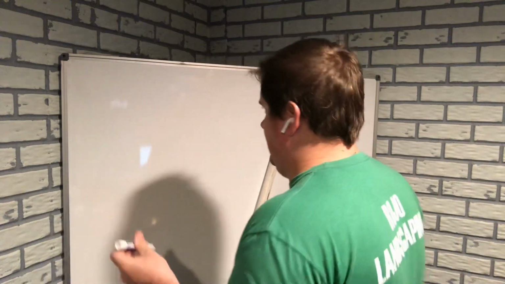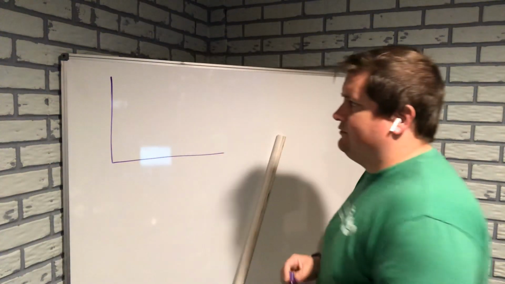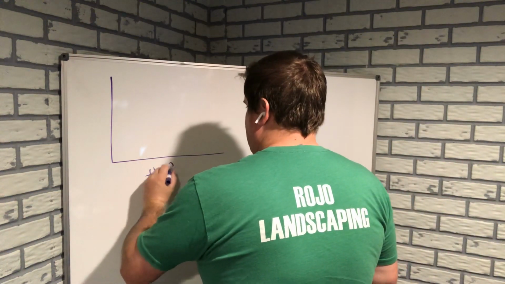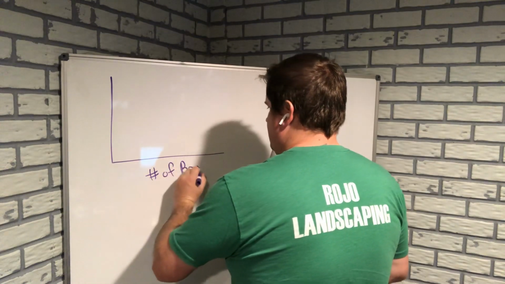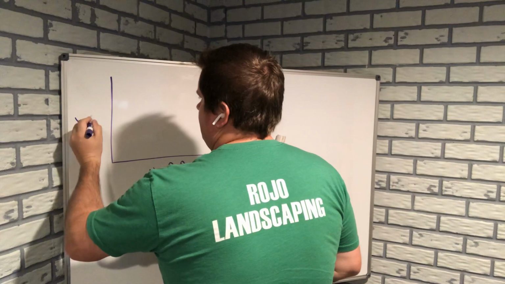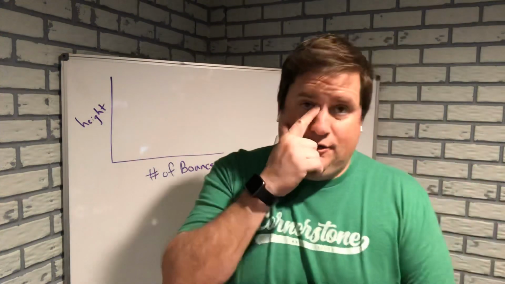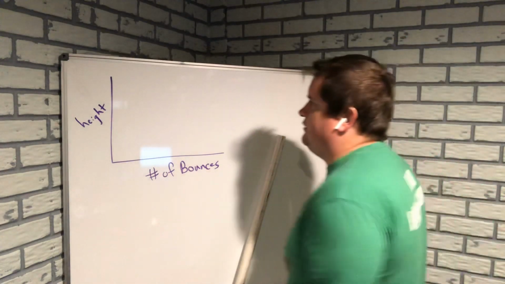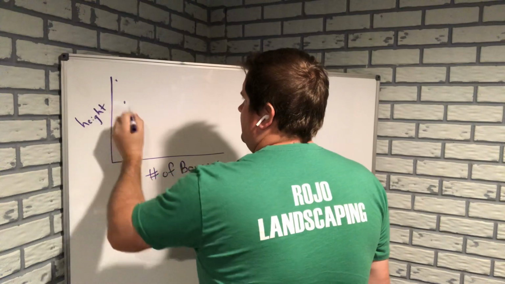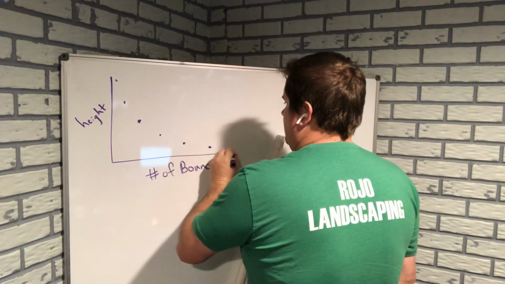And the hope is that most of you were able to graph on the bottom this is our number of bounces, and here we have our height. And this could be in whatever units you choose. That's up to you. But you should have hopefully seen something like this for most of your data.